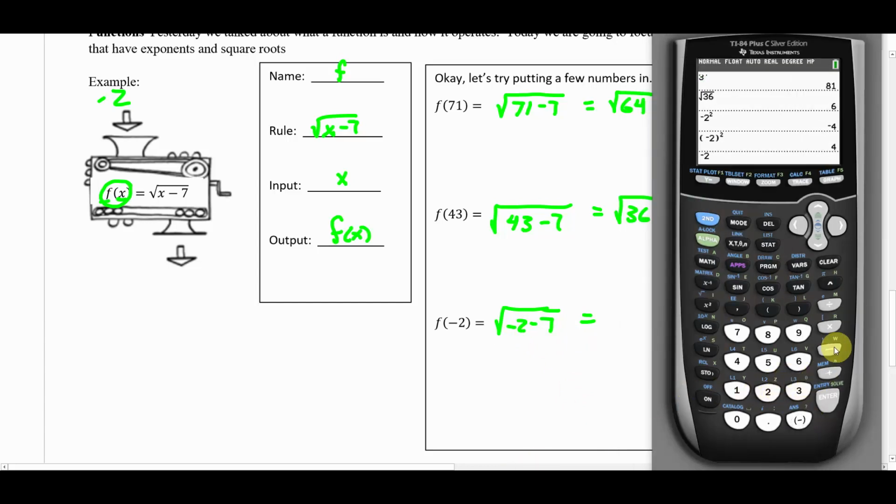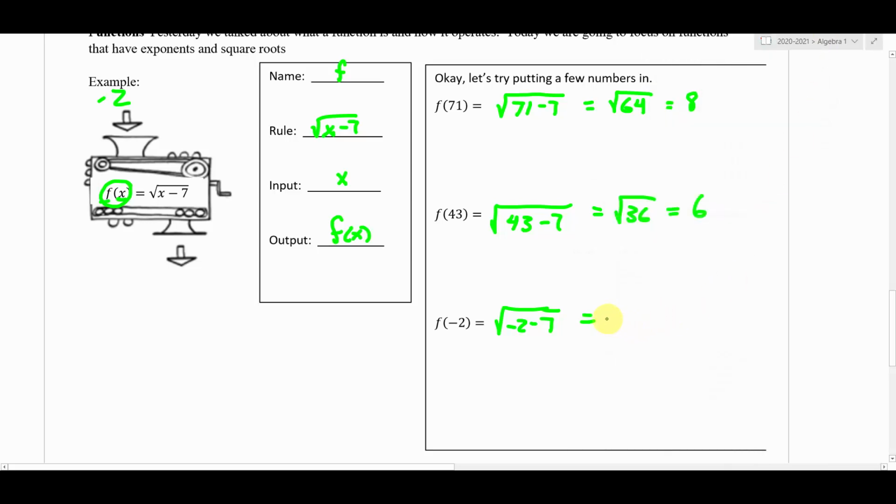I'm going to go negative 2 minus 7, and I got a negative 9. So I'm going to go ahead and put that in my square root. If you recall from an earlier problem, we figured out we cannot do this, right? The square root of negative 9 does not have an answer, so this is a DNE. So I put a negative 2 in, I did stuff to it, but what they were asking me to do was impossible. So there is no answer.